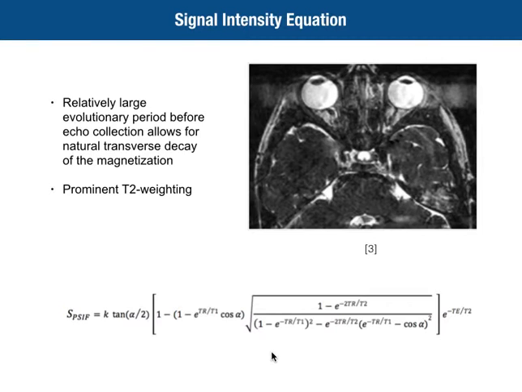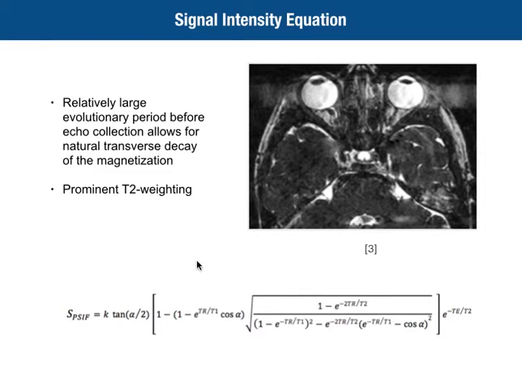Because of this relatively large period, we can observe a natural decay in the transverse domain. So rather than seeing the effect of T2 star, which is a decay caused by field irregularities and so on, since we're using echoes, what we are seeing is effectively T2 decay, and that's why the images that we acquire are weighted by T2 rather than T2 star.